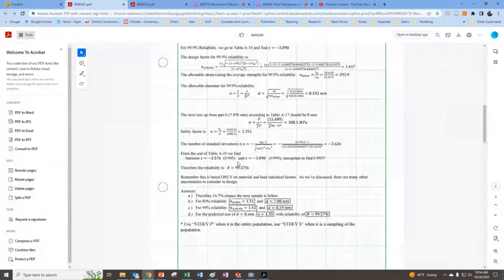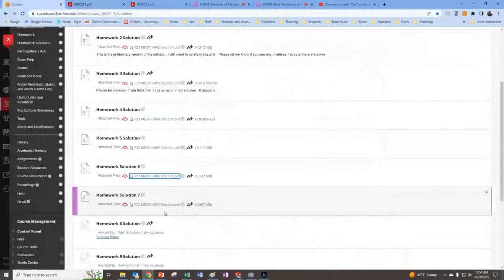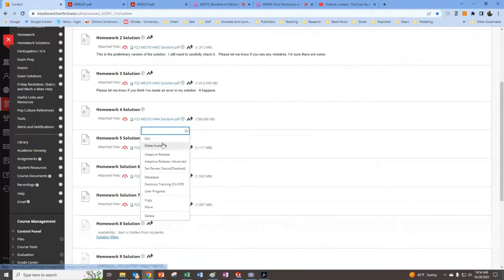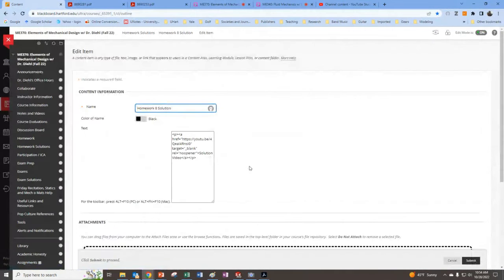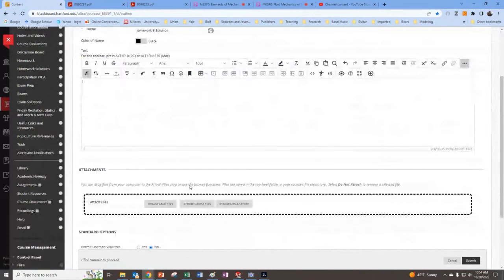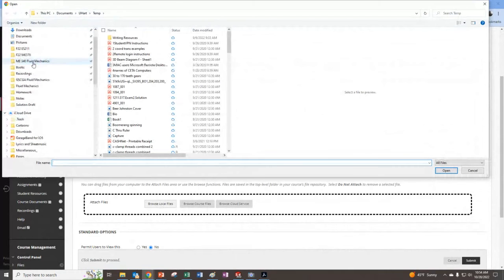This was the first safety factor one, right? And some stress concentration ones. Have I not posted the solution to homework 8 yet? Let me make sure. Homework 8 under 370.